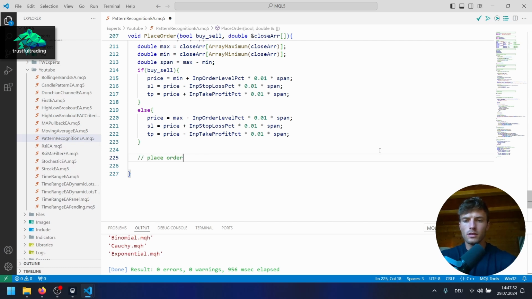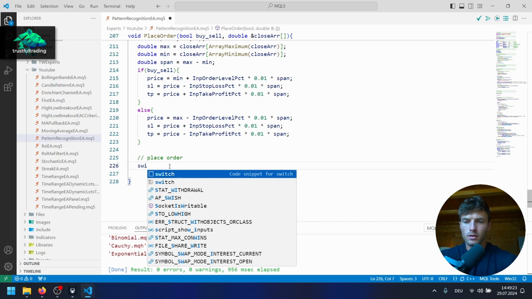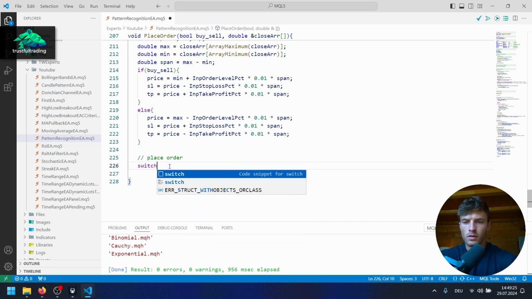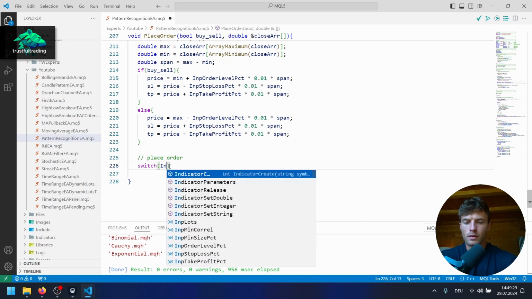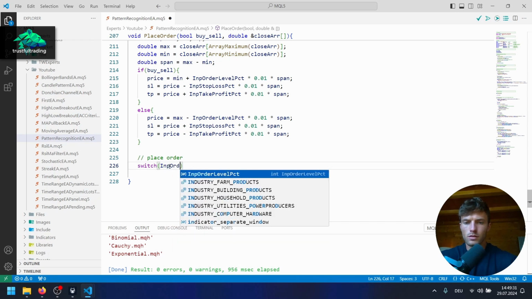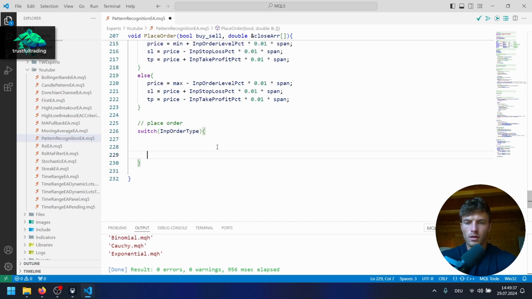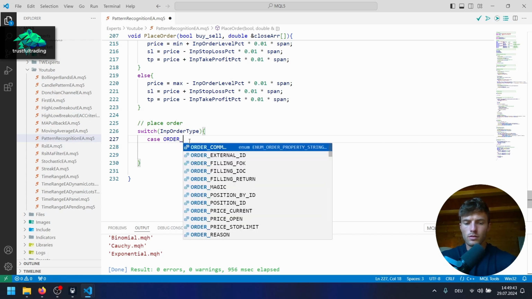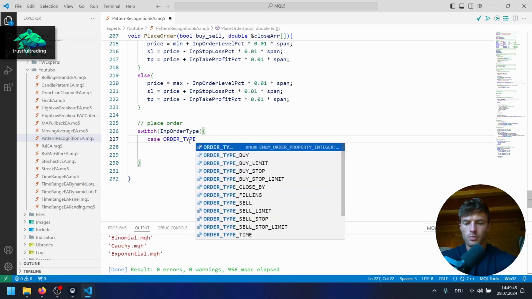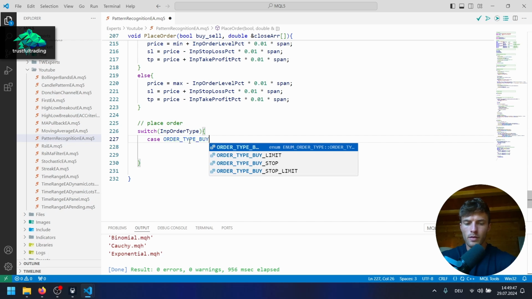So let's write a switch statement here, and we switch our input order type. And in here, first case order type buy.